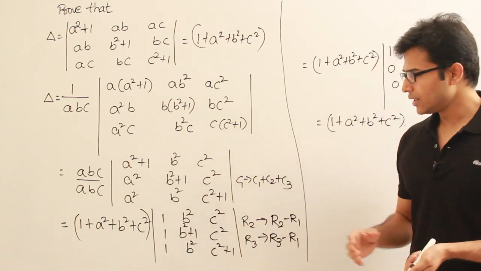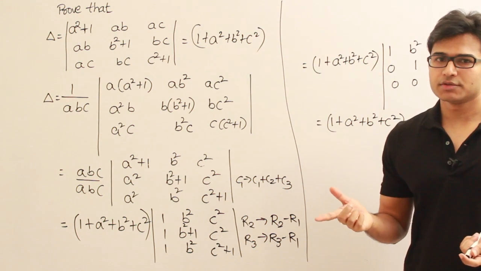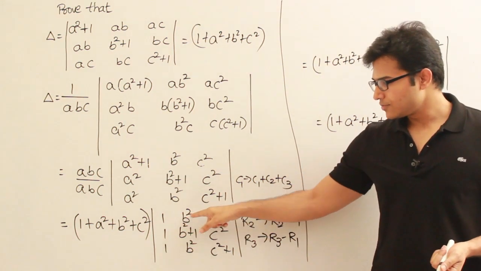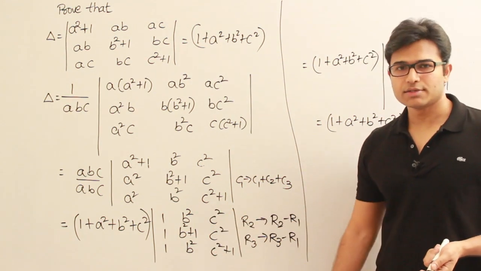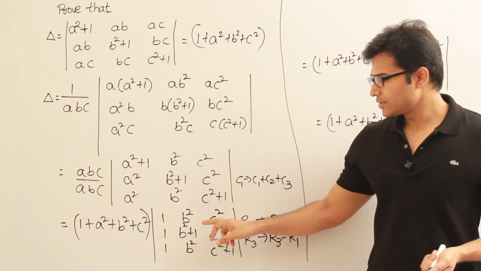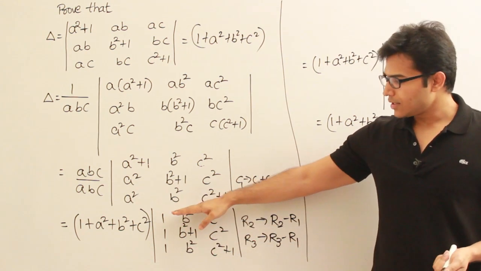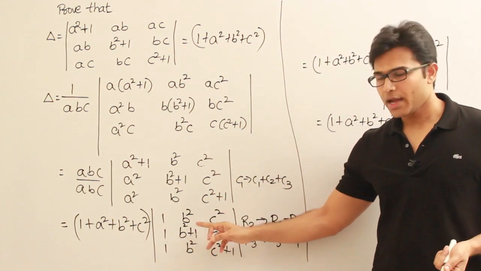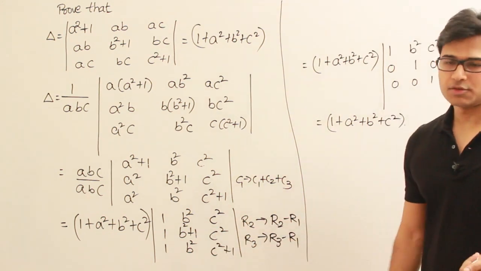Now if you observe it, it is very easy to make most of the elements zeros by using row transformations. If you observe these rows, they have 1, b square, c square; 1 plus b square, c square; and 1, b square, 1 plus c square. Now if I take R1 and subtract it from R2 and replace it in place of R2, I get some of the terms as zeros.